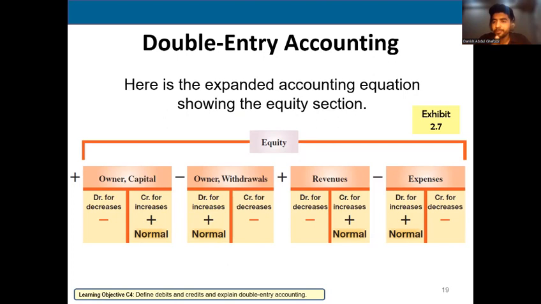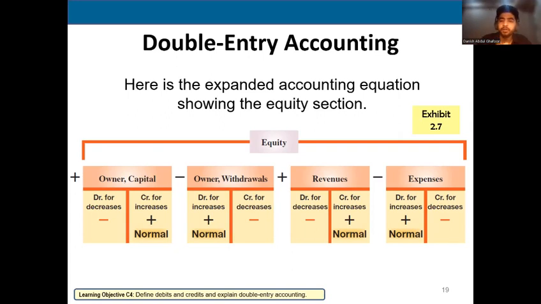Owner's capital will increase equity. Owner's withdrawal is the contra account of owner's capital. If owner's capital increases, it goes as credit. Owner's withdrawals are debit, right?